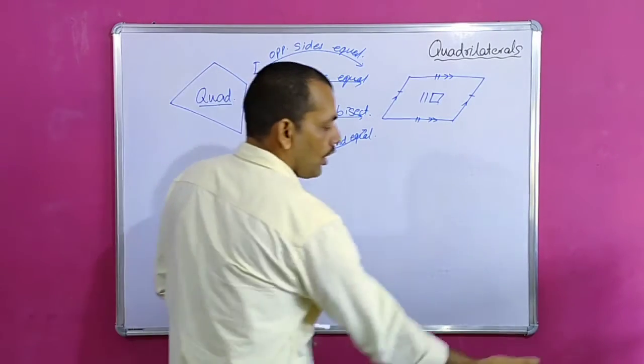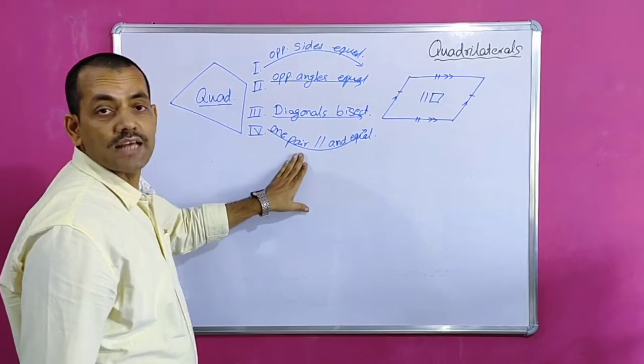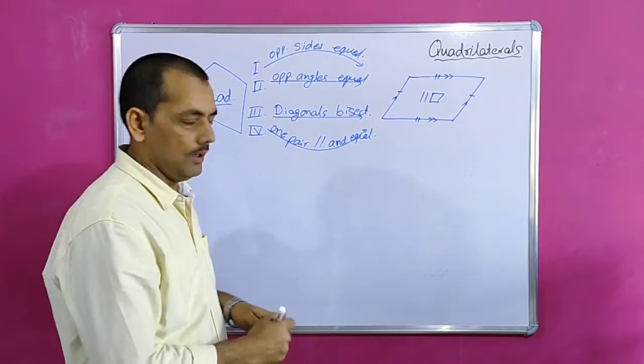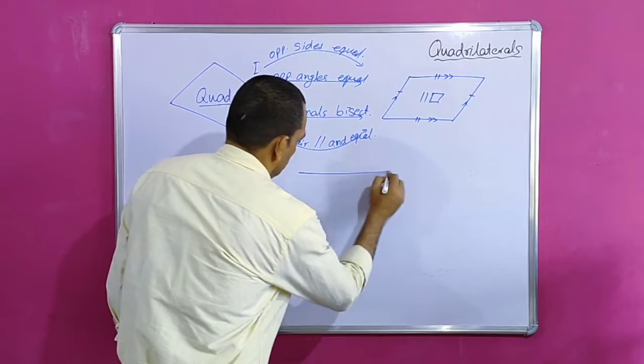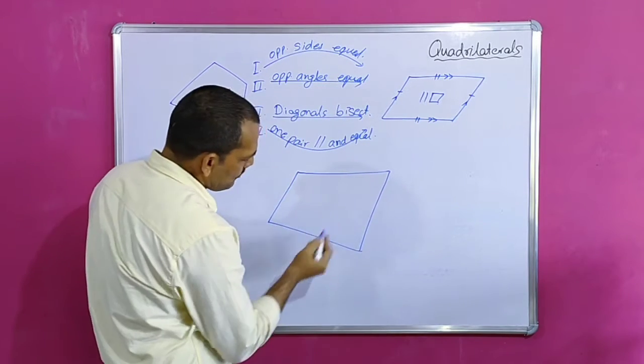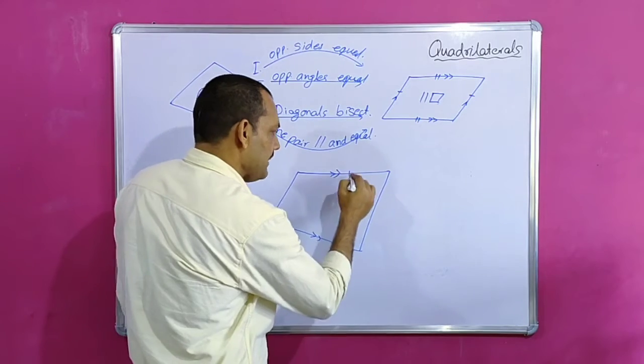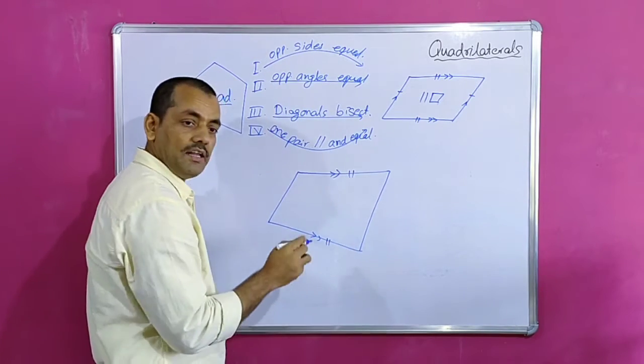Case 4: one pair of sides parallel and equal. Let's draw a case. Assuming that this side is equal to this side, and at the same time parallel also.